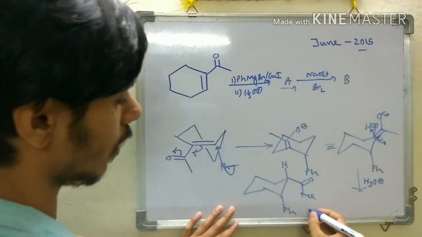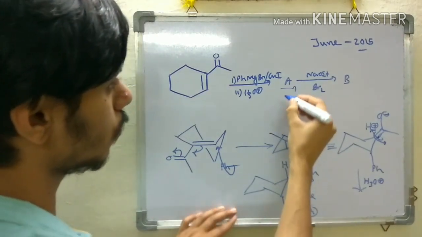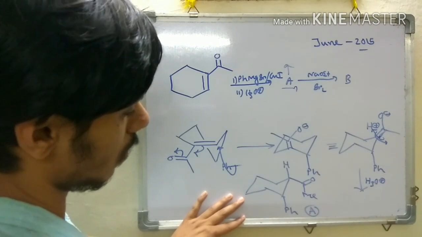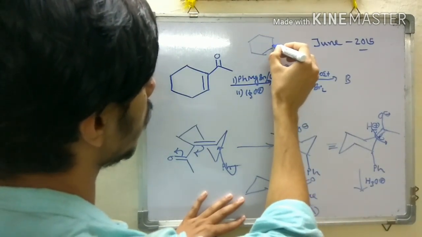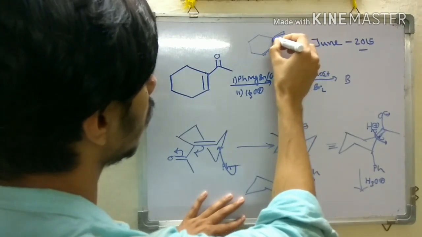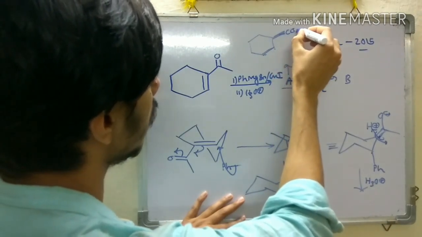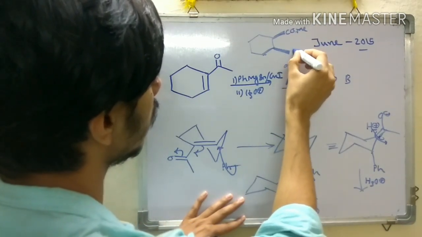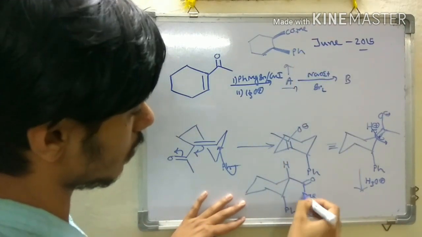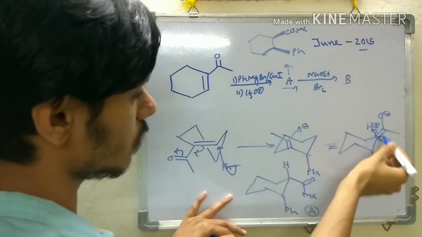So this is your product A. So in your product A, what is the configuration? The configuration is such that both groups are in the same direction. COMe and your phenyl, they are cis. Okay, they are cis. This is because of this axial attack.